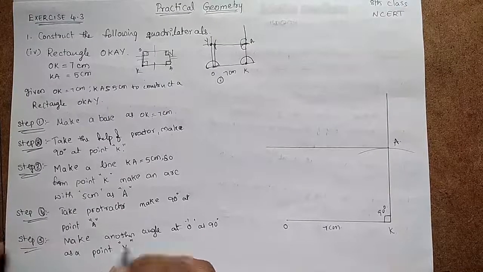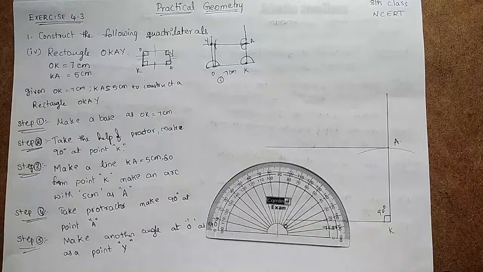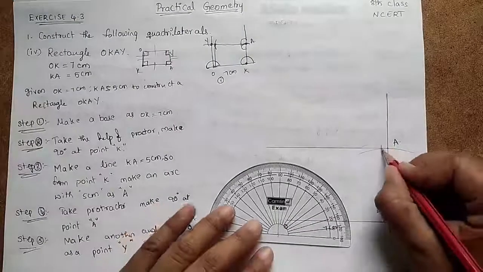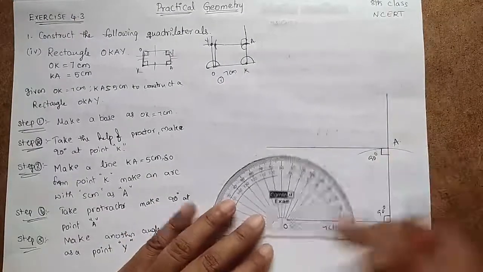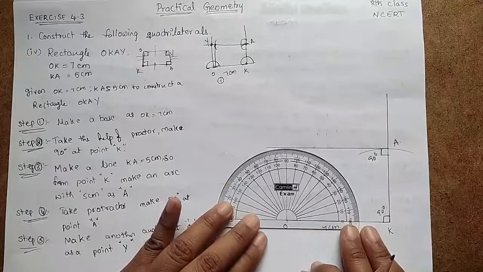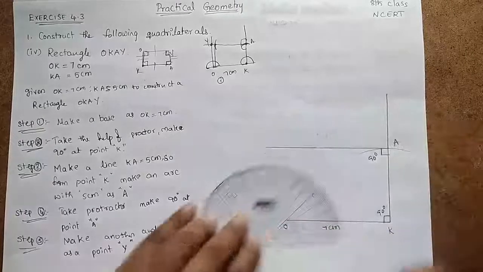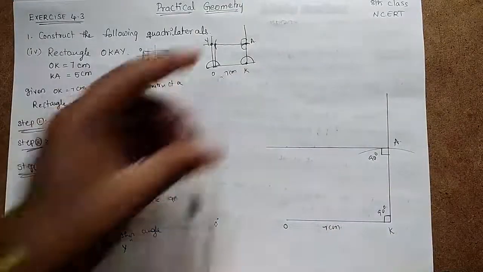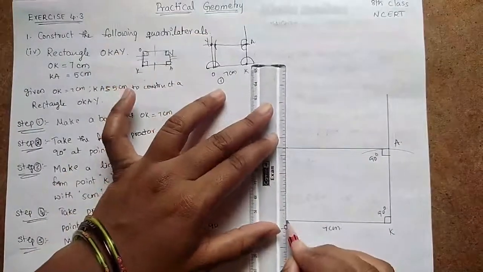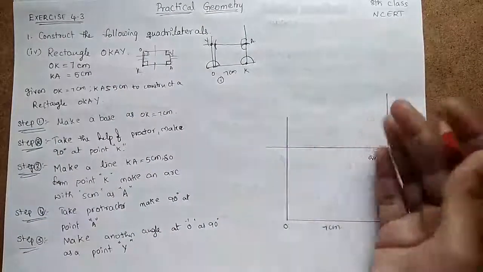as a point Y. So now take the protractor. Here already we have 90 degrees. So here also we have to measure 90 degrees. So this is a 90 degrees. Put a point here. So here we get a point easily at O, but we have to make sure in construction that this is the meeting point of both lines.